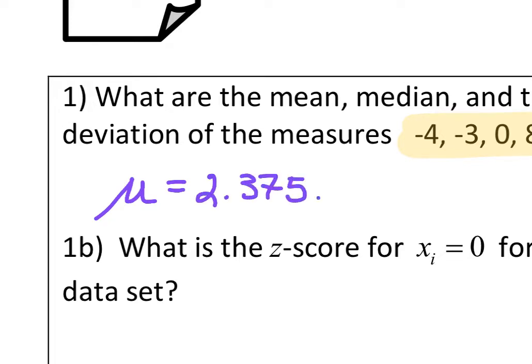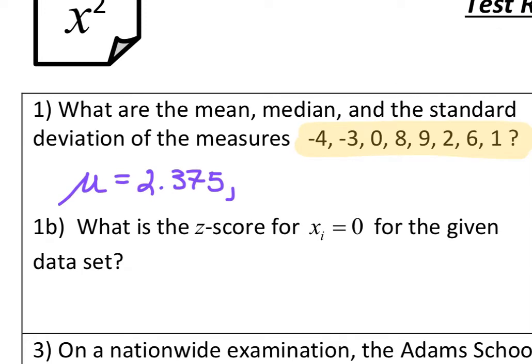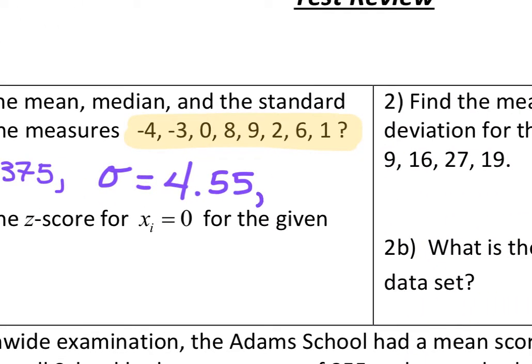2.375. And the standard deviation is the Greek letter sigma, and it looks like a cross between a cursive S and a O. And your calculator should tell you that that's 4.55. And when you scroll down, it also tells you that the median, which just says MED, the median is equal to 1.5.